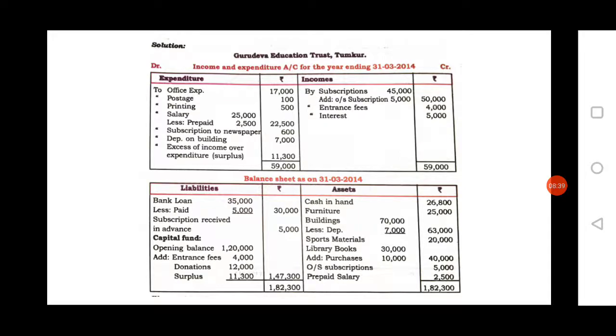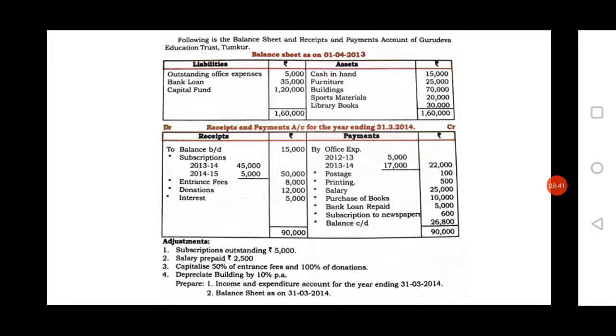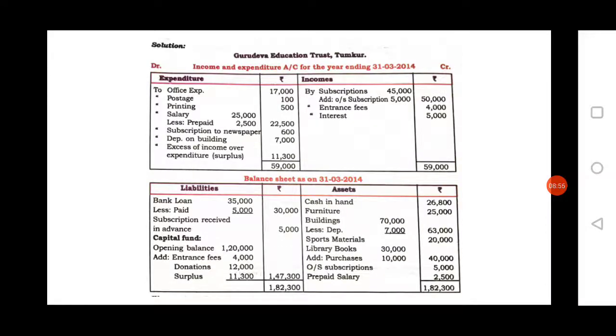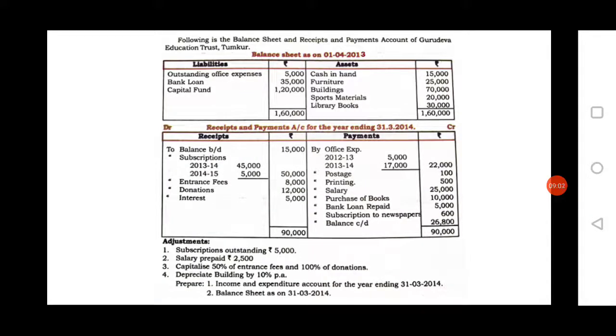Next item in the opening balance sheet is sports materials 20,000. Here no related adjustment is given. On the payment side also, nothing related to sports material purchase is given. Therefore, on the asset side, sports material 20,000. Next, in the opening balance sheet they have given library books 30,000.